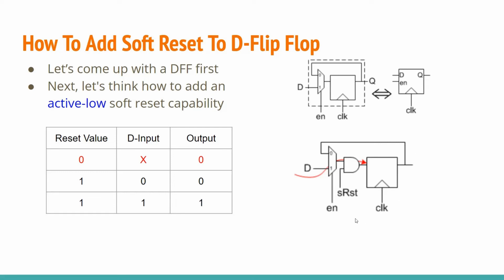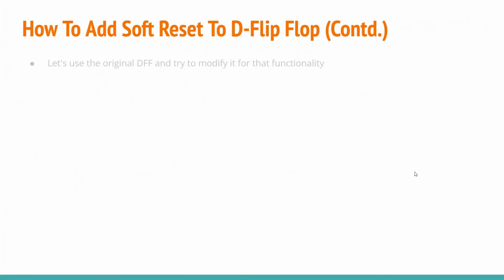This is a pretty straightforward way of forcing the input of the D flip-flop to a 0 and thereby forcing the output to a 0. But let's continue.